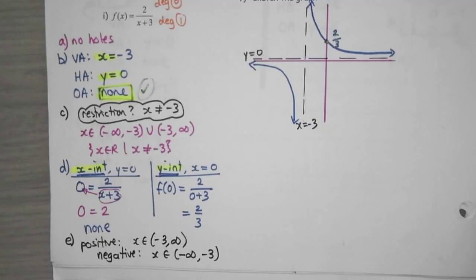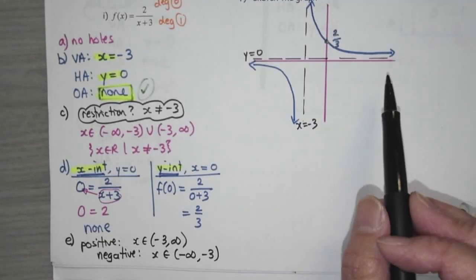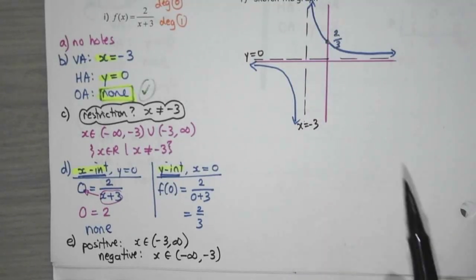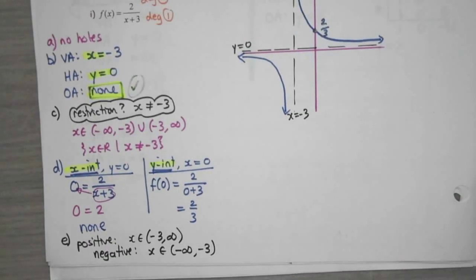Okay, now I want to talk about the end behavior, which is the horizontal asymptote, and the approaches of the vertical asymptote. The way I'm going to write this is using limits. So this is something new, okay?